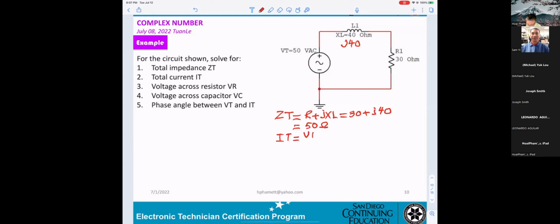V total will be 50 angle 0, and Z total must be converted into polar, 50 with 53.